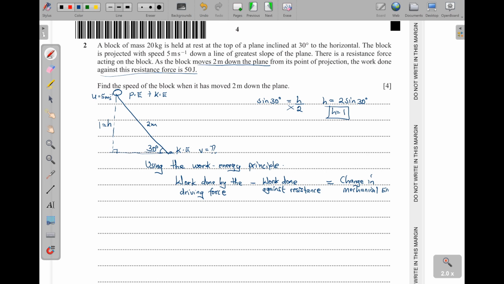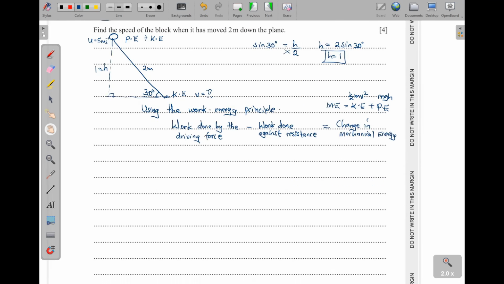And mechanical energy is the sum of kinetic energy and potential energy. Kinetic energy is a half mv squared. Potential energy is mgh, where h is the vertical height.